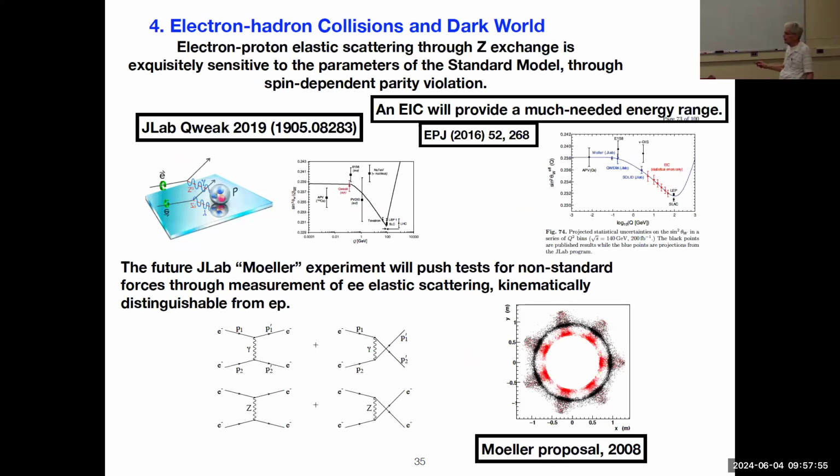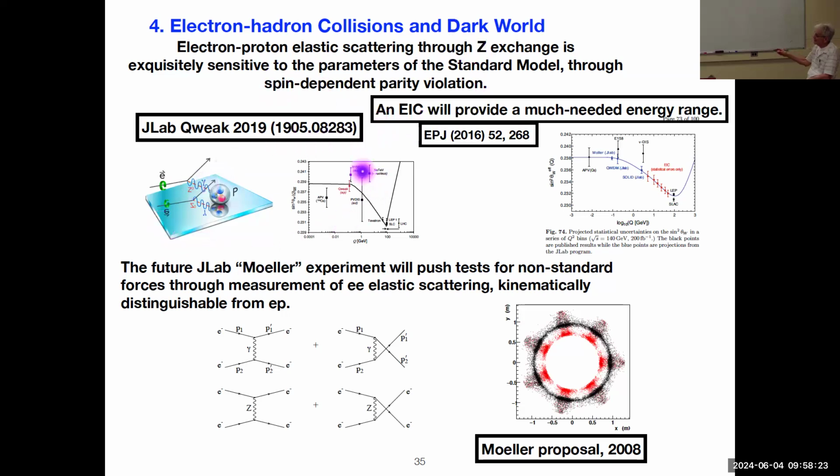Okay, so real quick, I'm just going to wrap it up in like 2 minutes here. This item 4, which is very much a short item, electron-hadron collisions and the dark world. So electron-proton elastic scattering through the Z exchange is, I like this word, exquisitely sensitive to the parameters of the standard model through parity violation, spin-dependent parity violation.